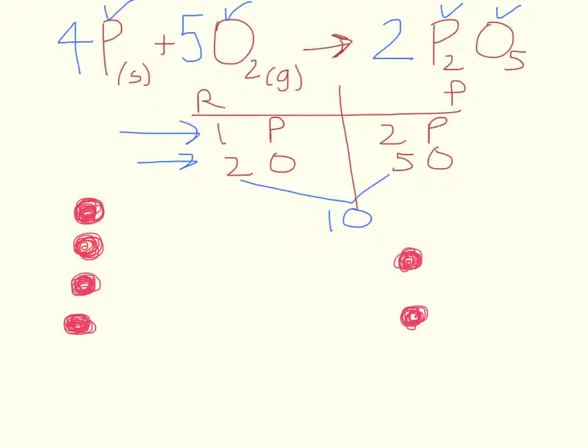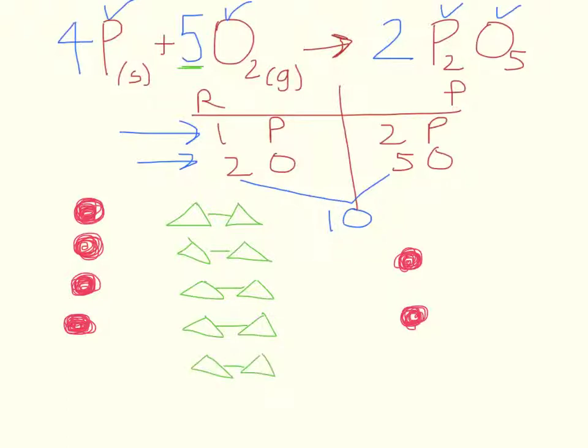I think I will go ahead with a triangle for the oxygen. So the oxygen will each get a triangle, but because I have 5 of them, they are each paired up, 5 times. So 5 pairs of oxygens. So right now I have 5.